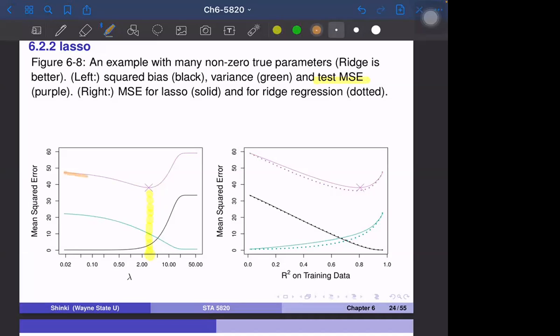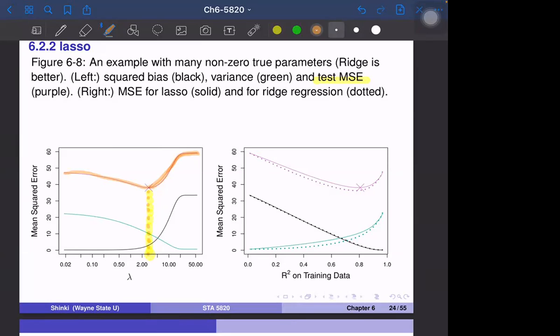As lambda gets larger, the performance gets better, and after that it gets worse. So we have to determine this lambda. Often, if p is small, lambda equal to 0 is actually the best. That is also possible. But if the problem is suited for lasso or ridge regression, then usually we have some optimal lambda here.